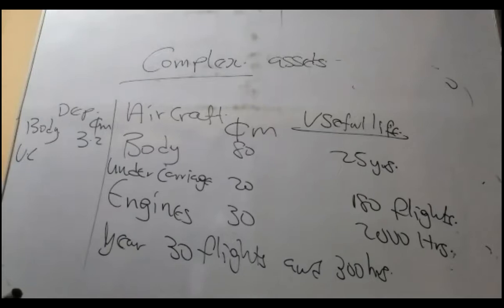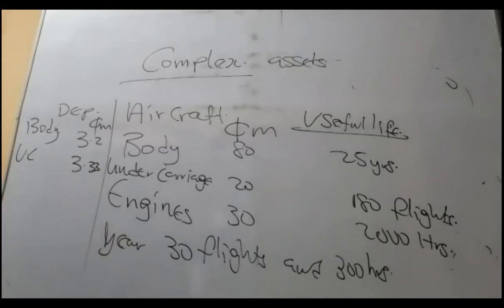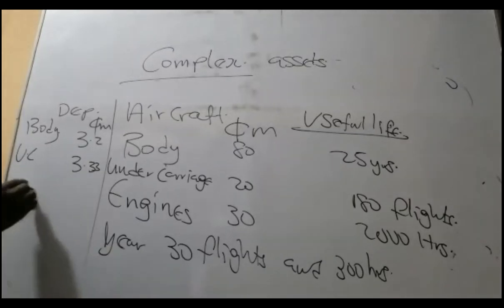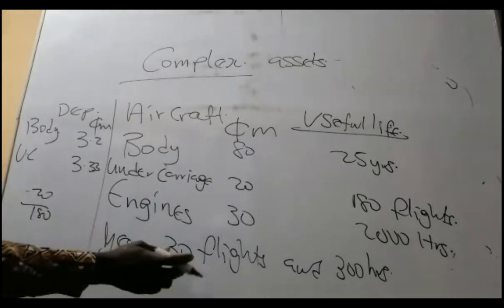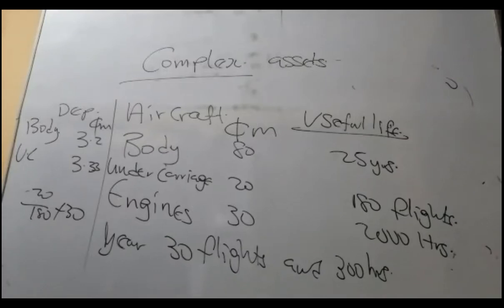So 20 divided by 180 gives us 0.111, times the 30, so let's say 3.33. I hope you can show the working, telling the examiner it is 20 divided by 180 times the 30 flights they made for that year.